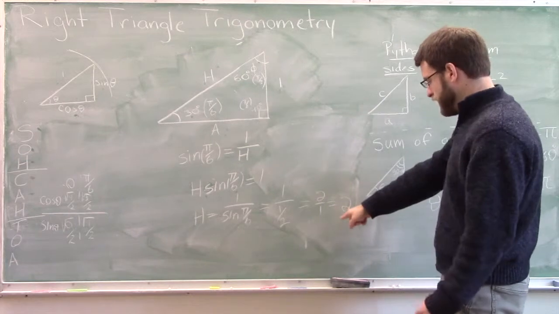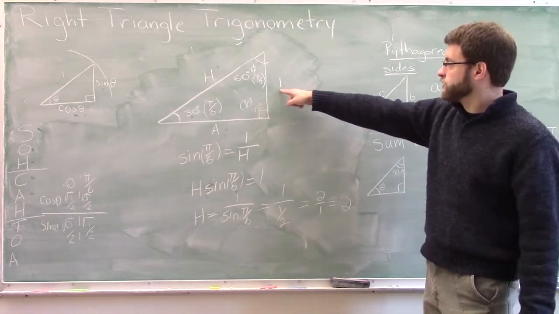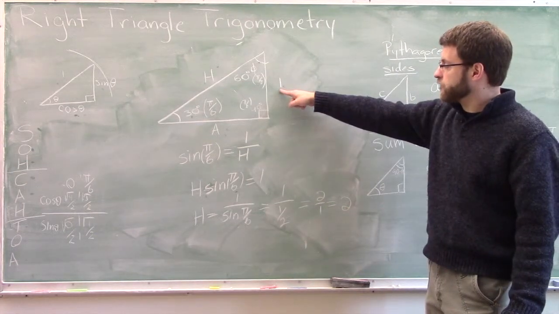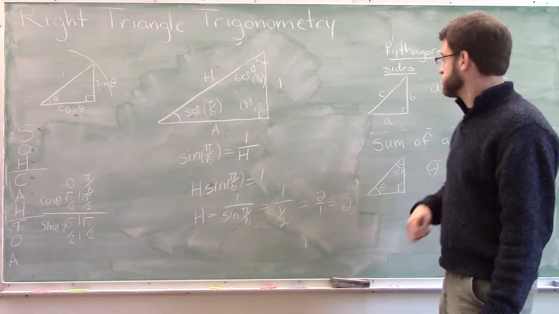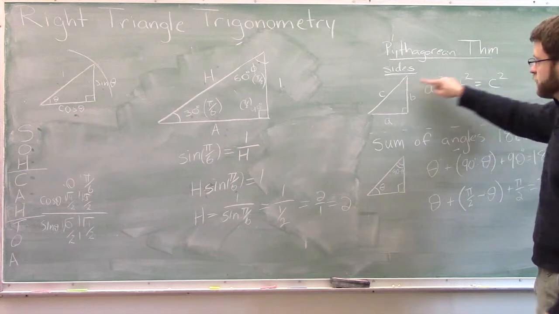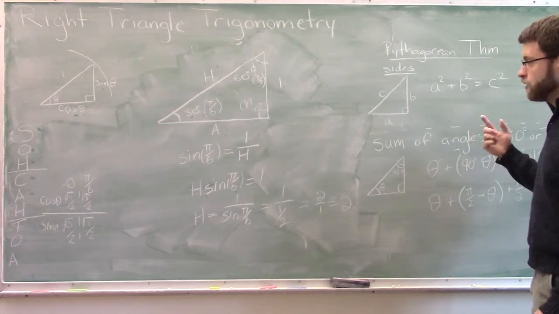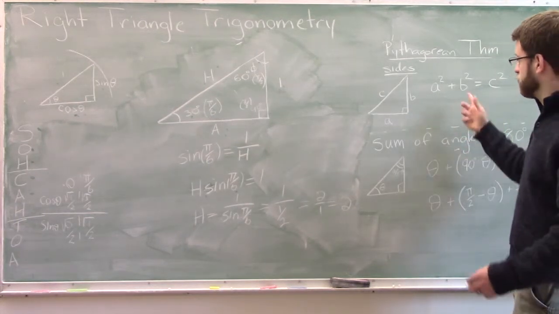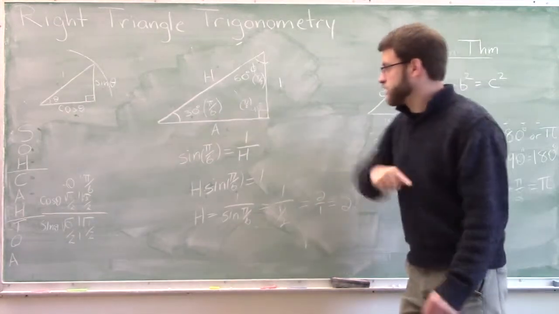So we know that h is equal to 2. We know that this leg of the triangle is length 1, and we want to find that adjacent side. So if we map those things into this traditional statement of the Pythagorean theorem, we can see what the value of this adjacent side should be.